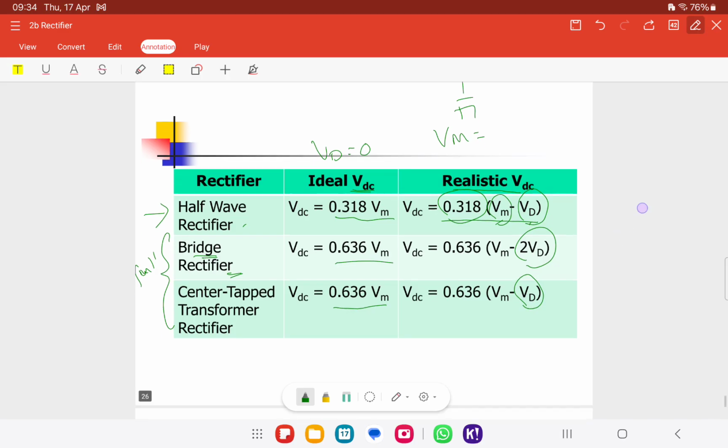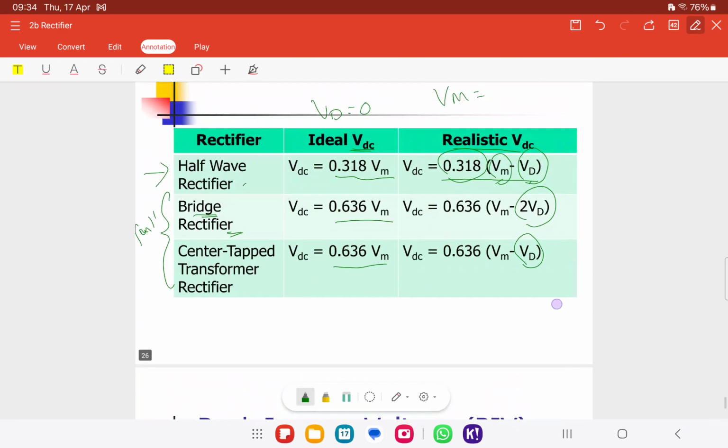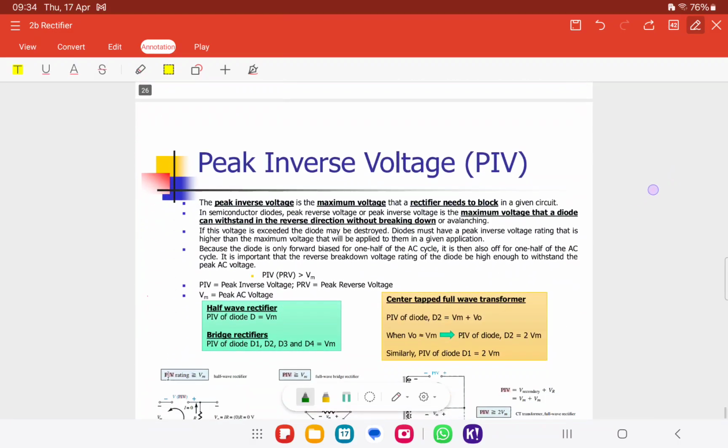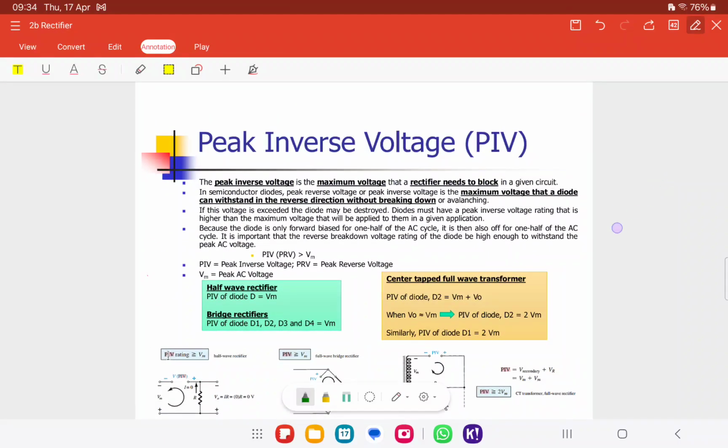Okay, so actually that is all for rectifier. Ini sikit je for peak inverse voltage, tak ada apa sangat. Okay, since the diode can allow current for one direction only, so what will happen to the diode if we have a very high value of current flowing through the diodes?